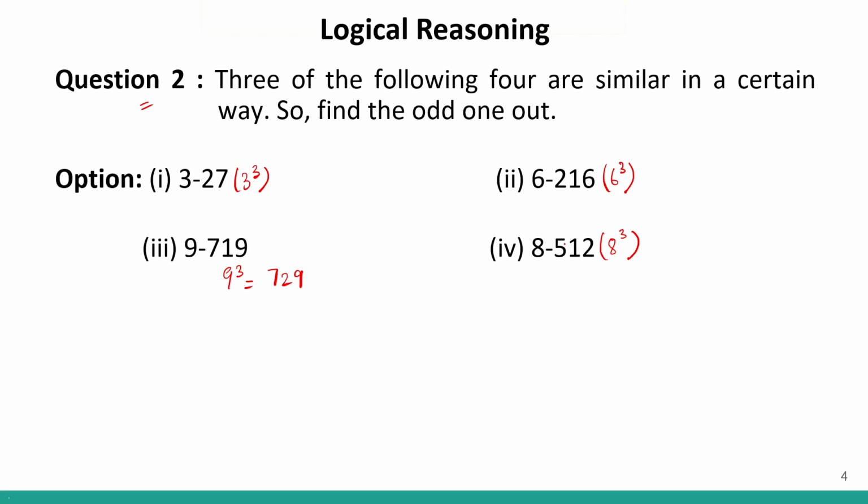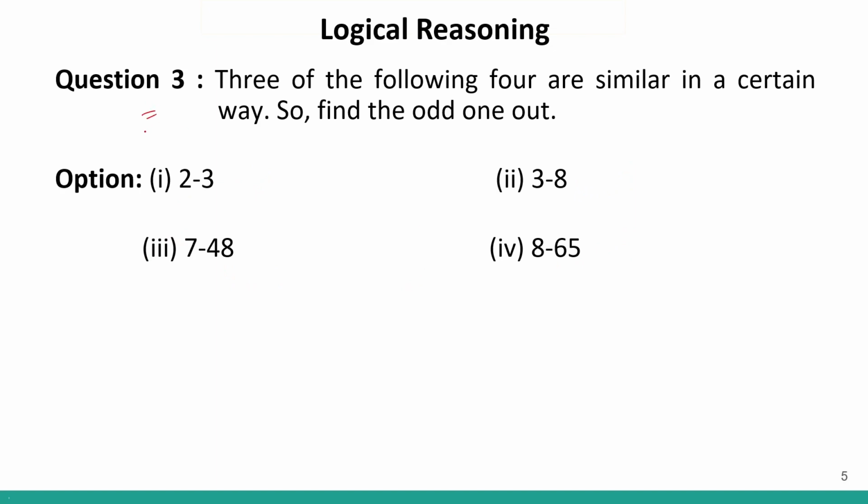So for each of the options except option number 3, the second number was the cube of the first number. Only in this case, the second number is not the cube of the first number. Therefore, option number 3 will be the correct answer. Clear?